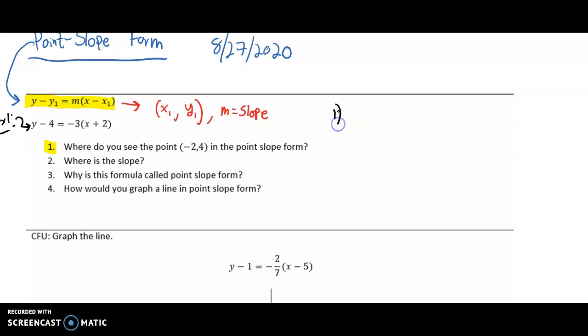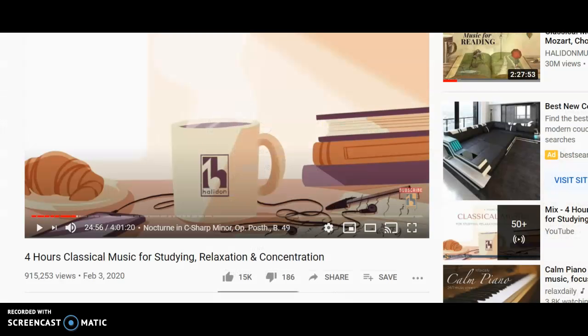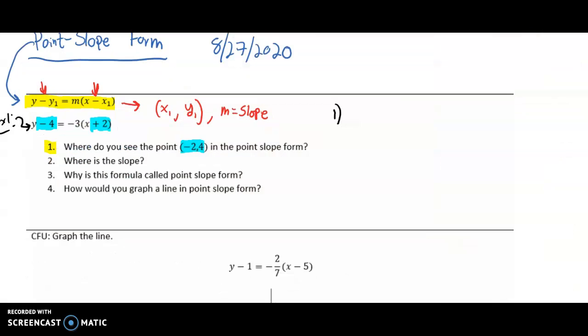Where do we see -2, 4? We see that right here. And if we look closely at our formula, we see there's a minus sign in front of y1 and in front of x1, meaning that our signs flip.